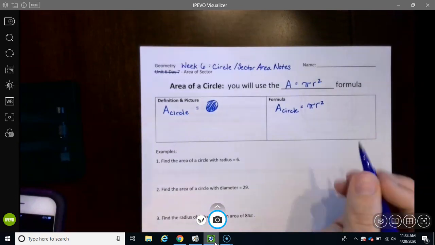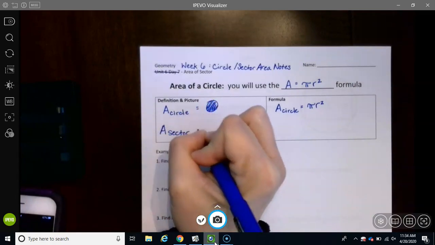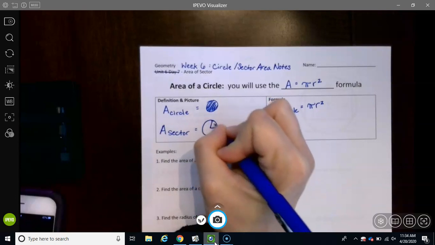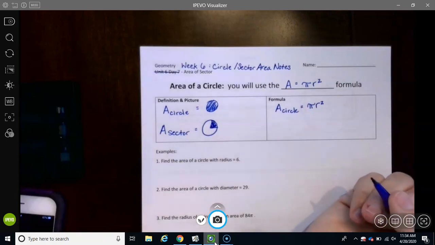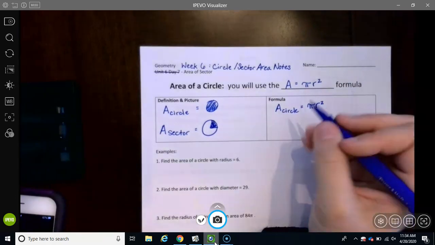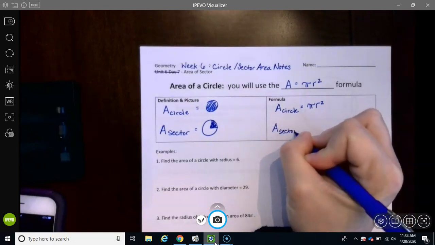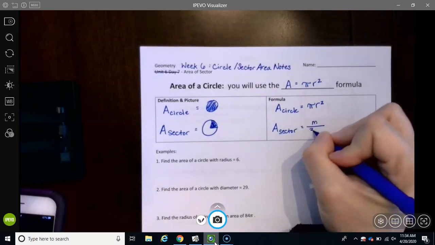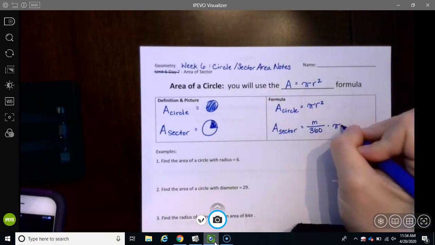And then the area of a sector is when you have a circle, but we're just doing one portion of it. We're just finding the area of one portion. So basically like a pizza slice, the area of the whole piece of the pizza slice. And then that formula is m over 360 times pi r squared.